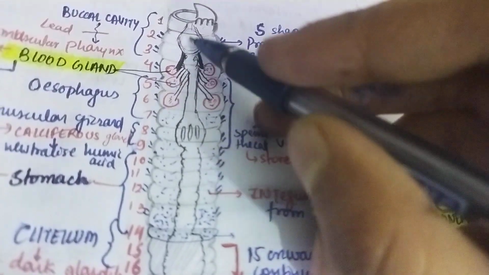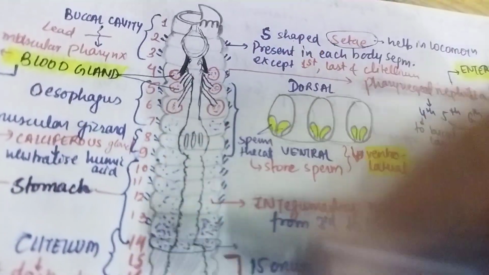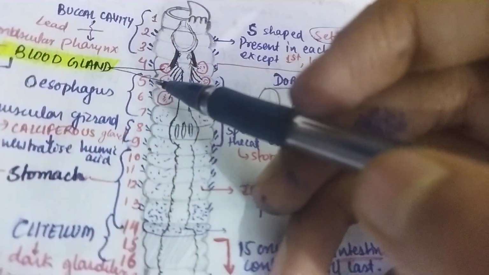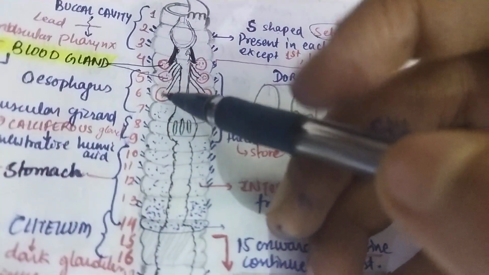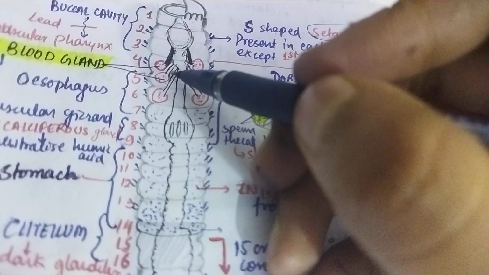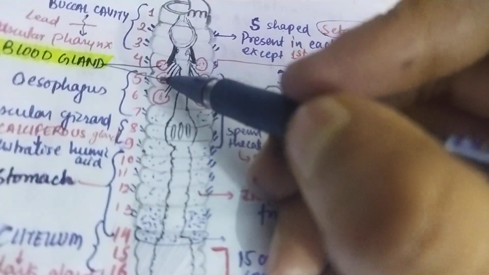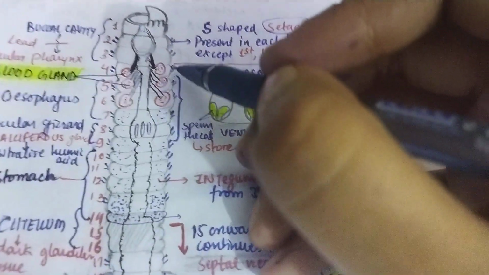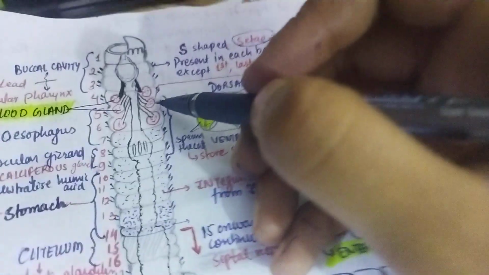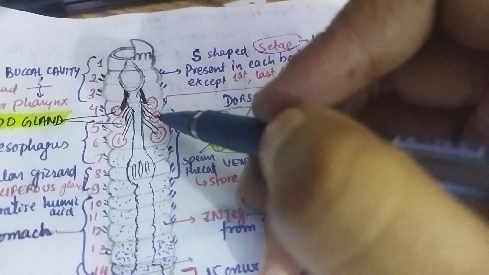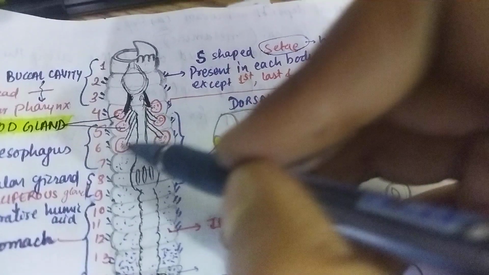Then from the pharynx it comes out through the outer mouth, or from the backside also, but the nearer one is the mouth. In the 4th, 5th and 6th segments there are 3 nephridial bunch pairs, total 6.